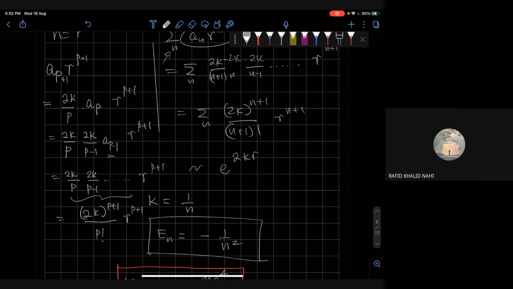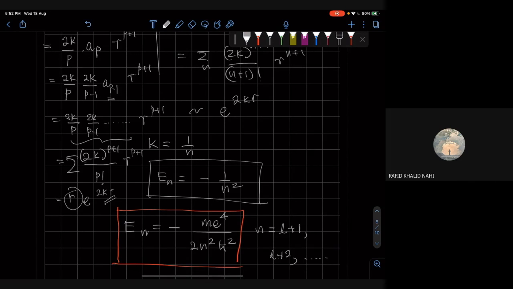Up to some factor of r, if I sum over everything, I'll get e to the power 2kr. This factor of r is not going to matter in the very large r limit.